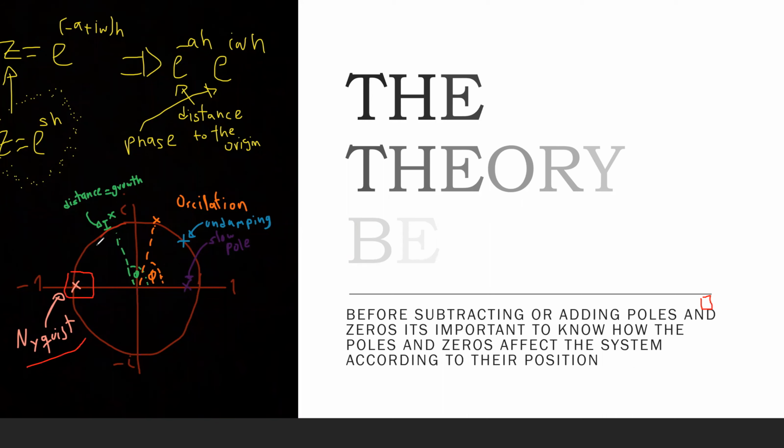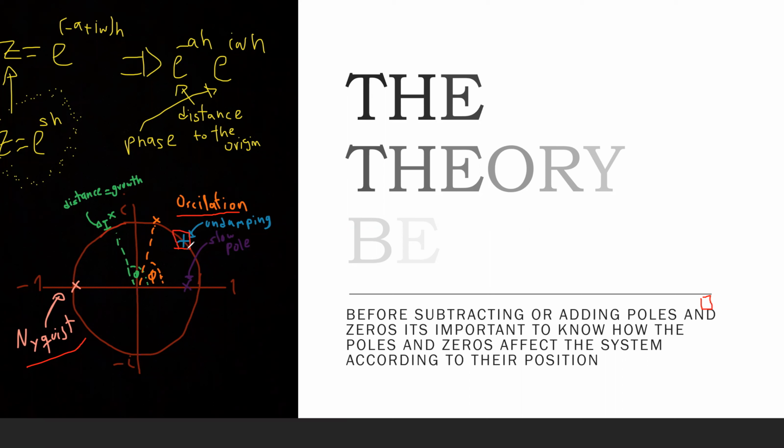We are talking about the Nyquist frequency. The further away the pole is from the unit circle, the more it grows. It keeps growing. We have here oscillation velocity that is determined by the phase of the poles. Here we have the undamped case, because it is on the border of the unit circle.